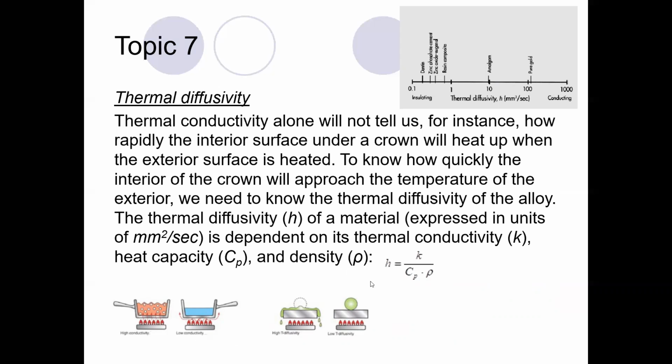And next is the most important, thermal diffusivity. It connects together thermal conductivity, heat capacity, and density of the material. Thermal diffusivity gives us information not only about the speed of propagation, but about the speed of increasing of the temperature. So how quickly the interior surface will heat up when the exterior surface is heated.